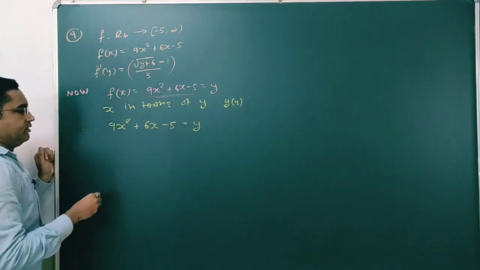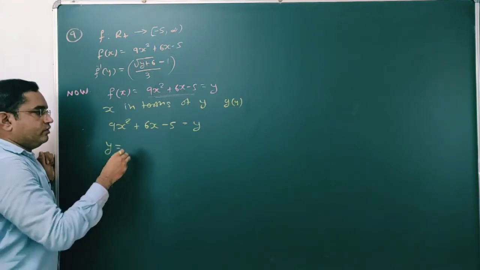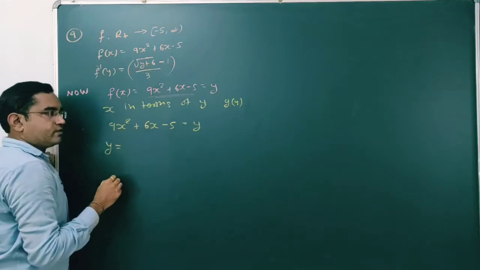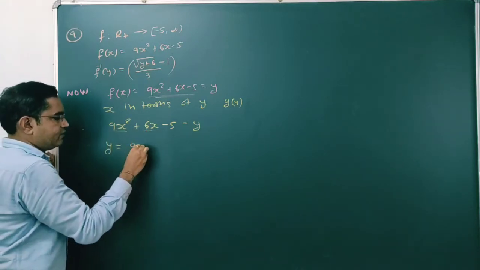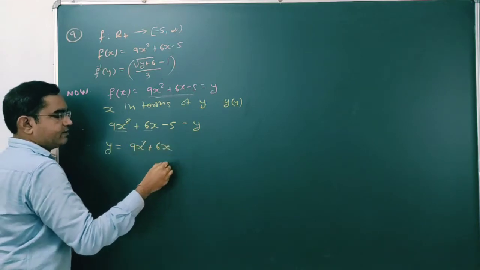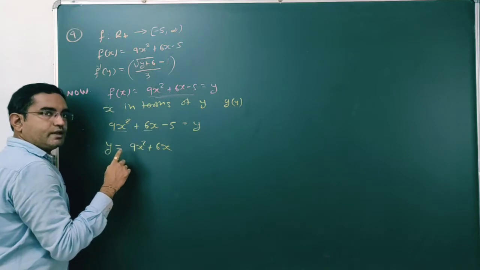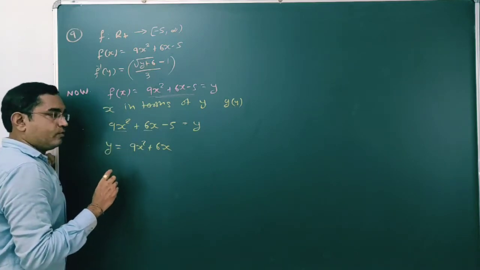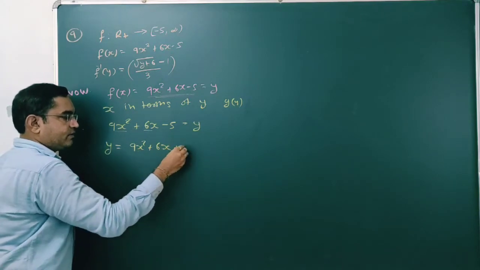So here y is equal to... now we have to write this equation in terms of x. So here 9x square plus 6x is given. Now we are completing the square. We are making use of the completing square method. Everyone knows, for completing the square, in 9x square plus 6x, the middle term is there, but the last term 1 is missing.